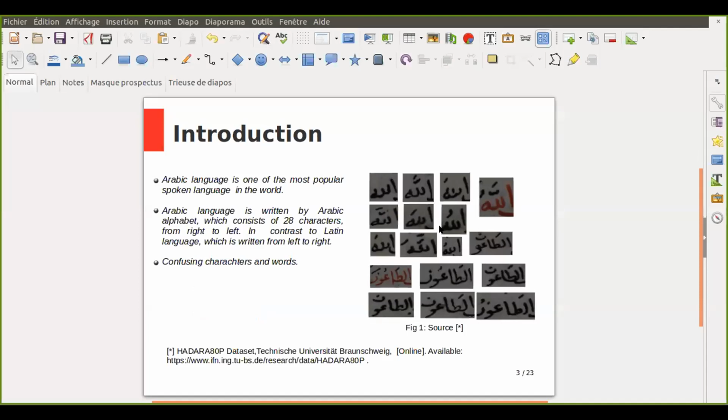Moreover, in contrast to Latin languages, which are written from left to right, Arabic is written from right to left using 28 letters. These letters are often confusing, due to different writing styles, but sometimes that can be shown by the same writer. The figure on the right shows some examples of confusing words written by the same writer.